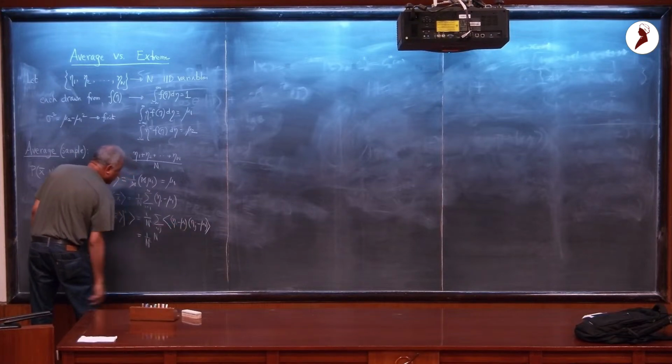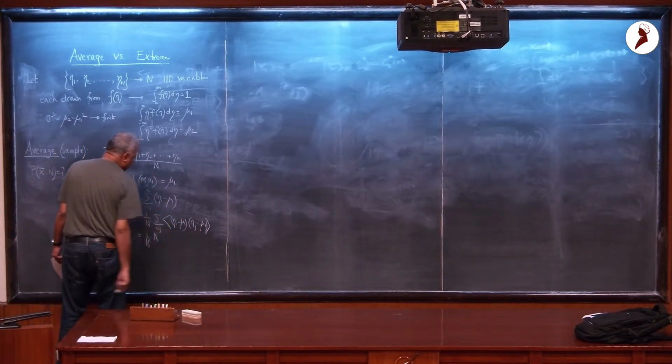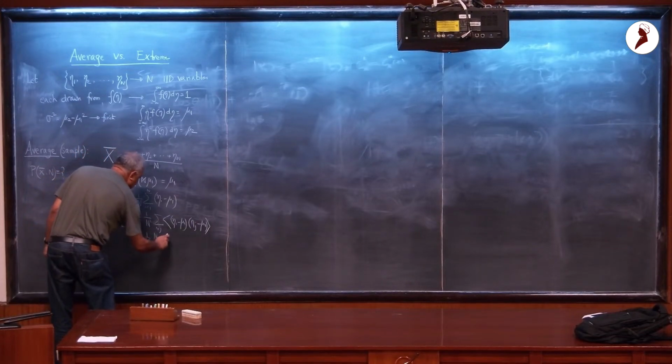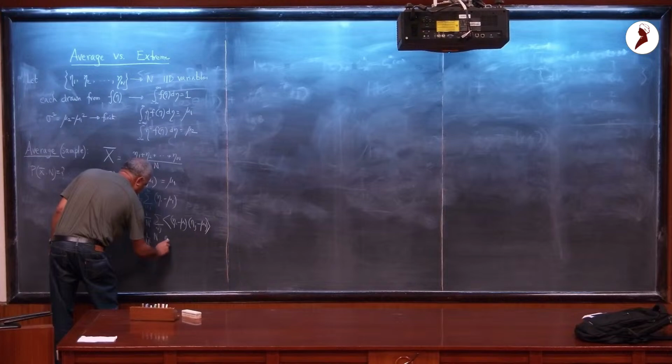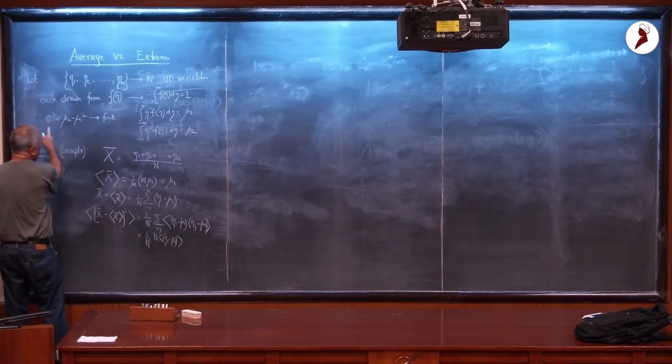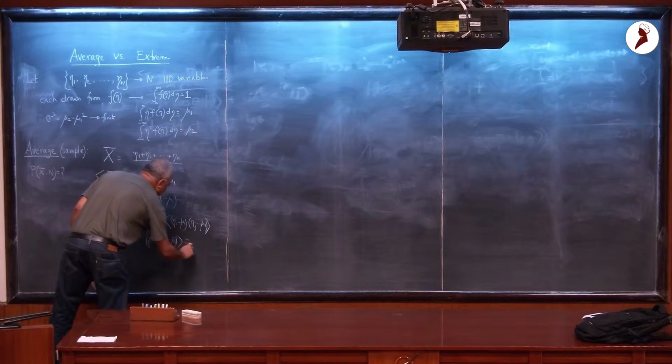Only diagonal elements will matter; off-diagonal elements will be 0 identically, and there are n of them. So n times the average of eta 1 minus mu1 squared, which is just sigma squared. Therefore you have sigma squared over n.